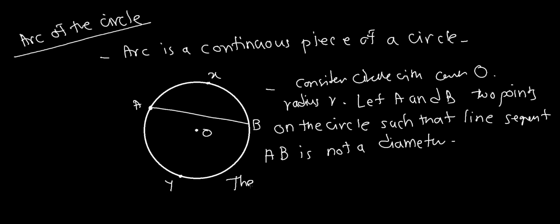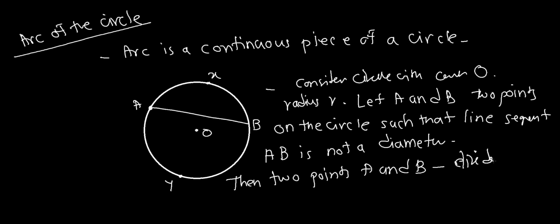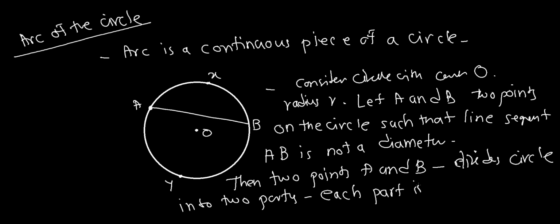Then 2 points A and B divide the circle into 2 parts. So this one and this one, and each part is an arc of the circle.